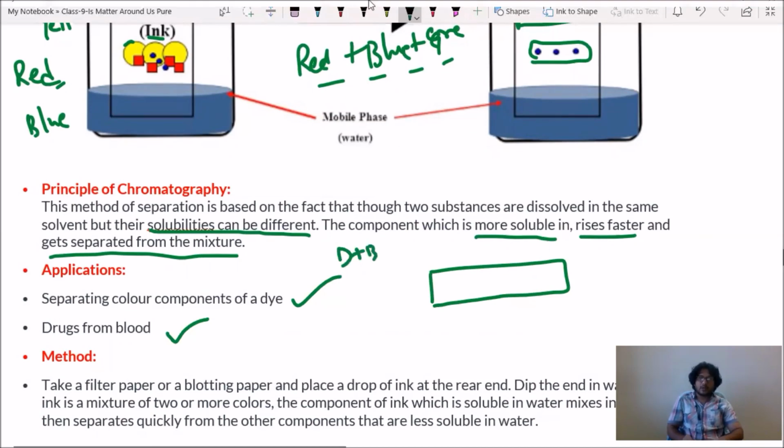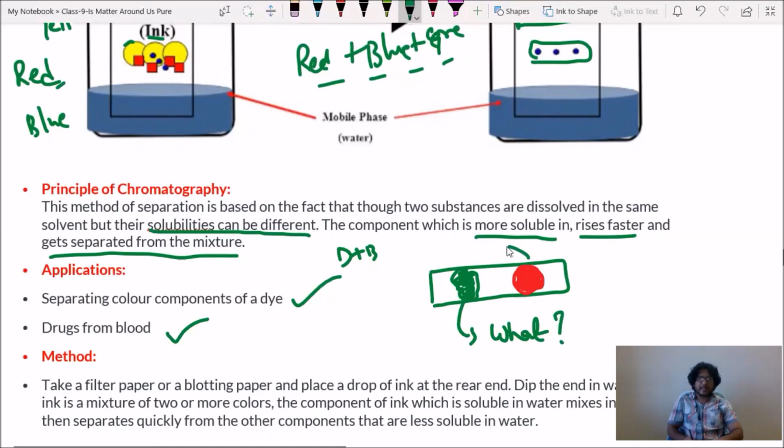After dropping it, consider it will be red in color. They will keep it in a solution. After some time you can observe that the drug will be collected here, and they will take this drug for a lab test, and easily they can identify what that drug is.